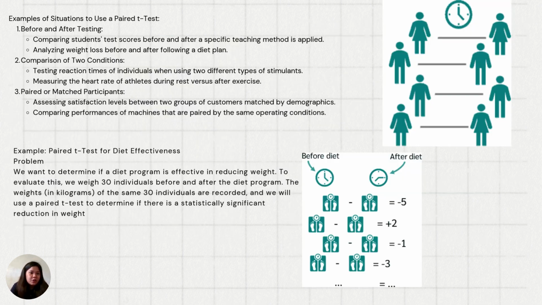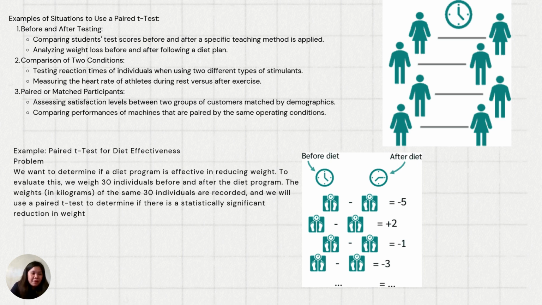Examples of situations to use a paired t-test. Number one, before and after testing: comparing students' test scores before and after a specific teaching method is applied, analyzing weight loss before and after following a diet plan. Number two, comparison of two conditions: testing reaction times of individuals when using two different types of stimulants, measuring the heart rate of athletes during rest versus after exercise.